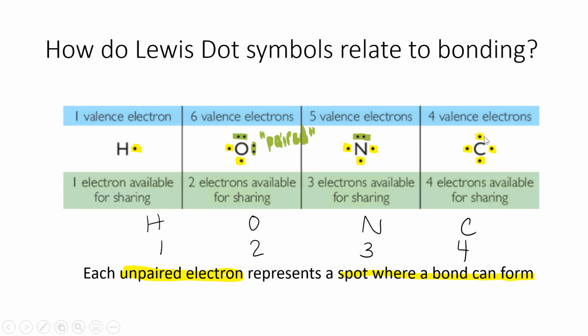So like carbon has 4 unpaired electrons, and it will tend to form 4 bonds. Nitrogen has 3 unpaired electrons, it will form 3 bonds. Oxygen has 2 unpaired electrons, it will form 2 bonds. Hydrogen's got 1, so we get the idea. So each unpaired electron is a spot where a bond can form.